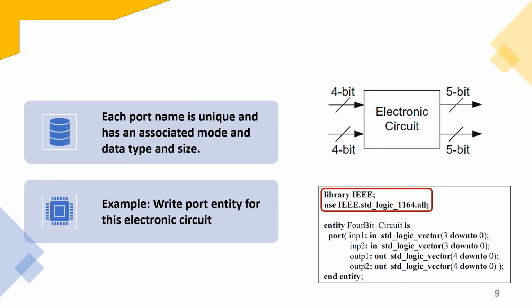Input 1 has 4 bits, and the second is 4 bits, so the type is STD logic vector with length 3 down to 0, and the same for the outputs. For example, for output 1 and output 2, the mode is out, and STD logic vector with length of 4 down to 0.